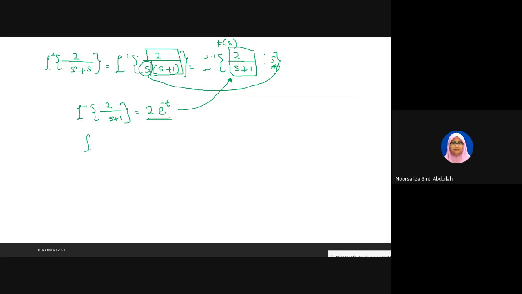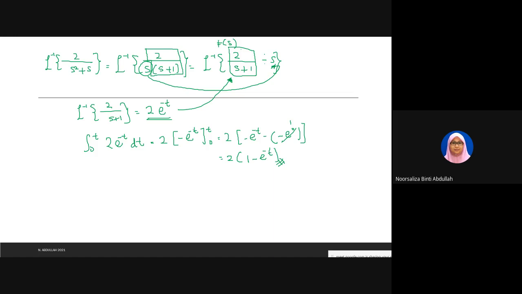You integrate from 0 to t, 2 exponent minus t dt. Then you do the integration of this signal, you will get 2, negative exponent negative t, from t to 0, and then you substitute t and 0, and you get 2 minus exponent minus t minus exponent 0. Exponent 0 is 1, then you get 2 times 1 minus exponent minus t.